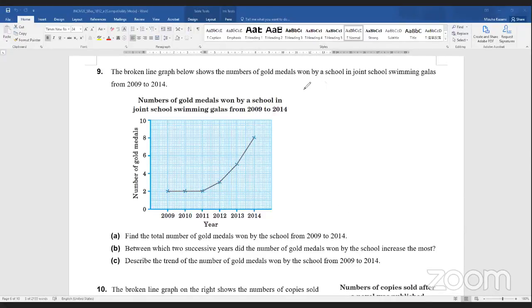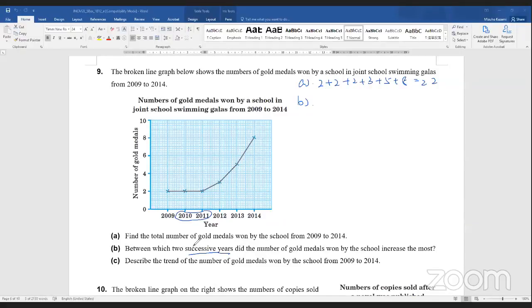It means for part A, we have 2 plus 2 plus 2 plus 3 plus 5 plus 8, which is 22.